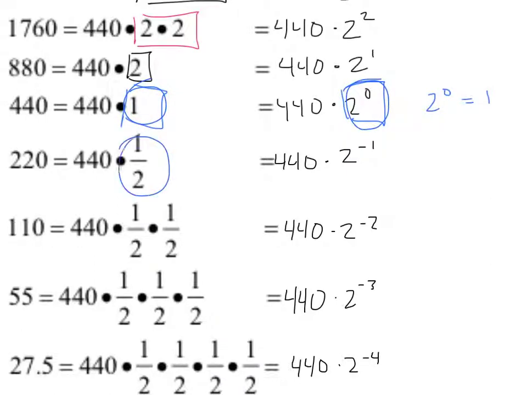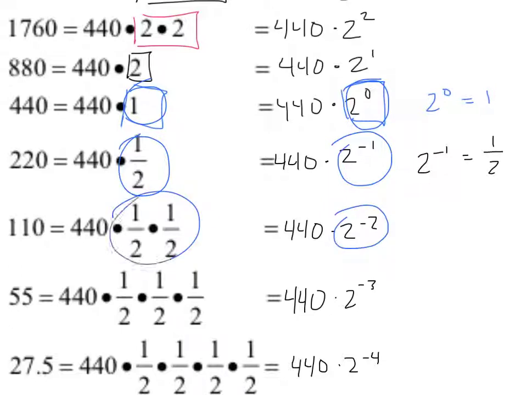That means that 1/2 has to be equal to 2 to the negative 1. So 2 to the negative 1 has to be equal to 1/2. That means 2 to the negative 2 has to be equal to 1/2 times 1/2.